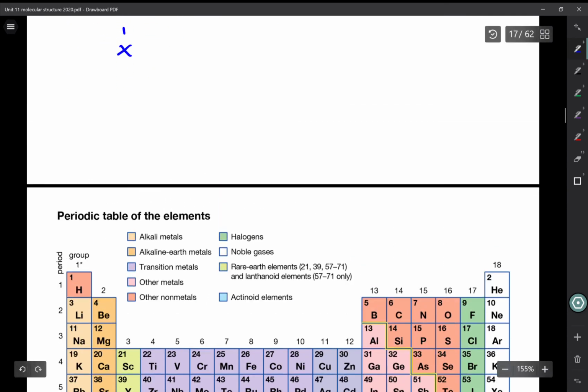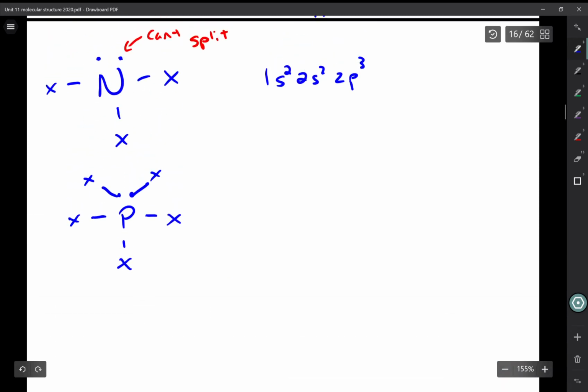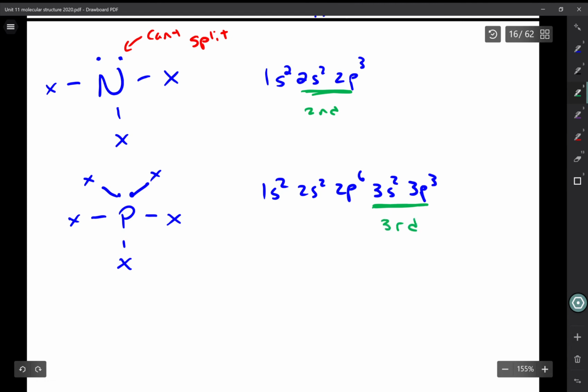It's almost exactly the same, but it's 1s2, 2s2, 2p6, 3s2, 3p3. If you look here, nitrogen's valence shell is the second energy level. Here, the valence shell is the third energy level.